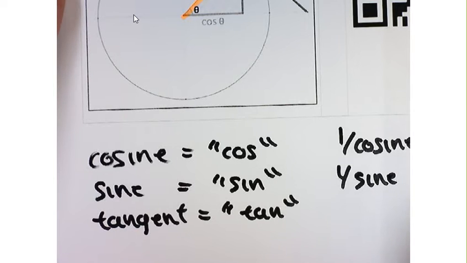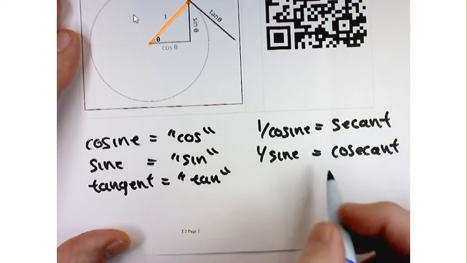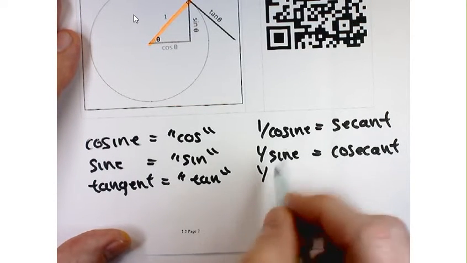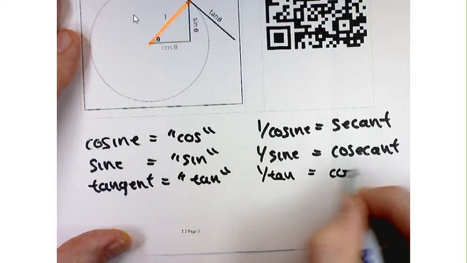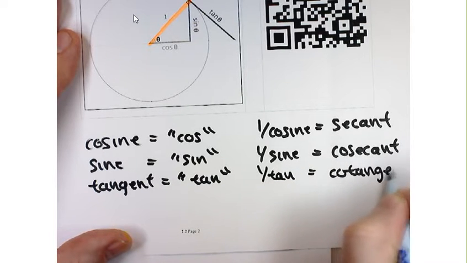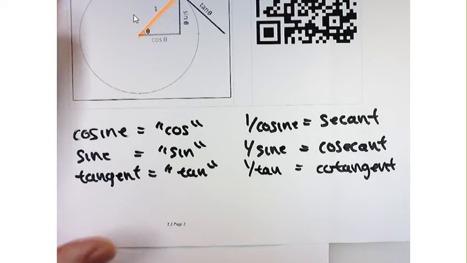And this is probably the only time this semester that I'm actually going to write these things out. We're just going to go with the abbreviations. And finally, 1 divided by the tangent is going to be the cotangent. So yeah, a lot to consume all at once, but there it is.